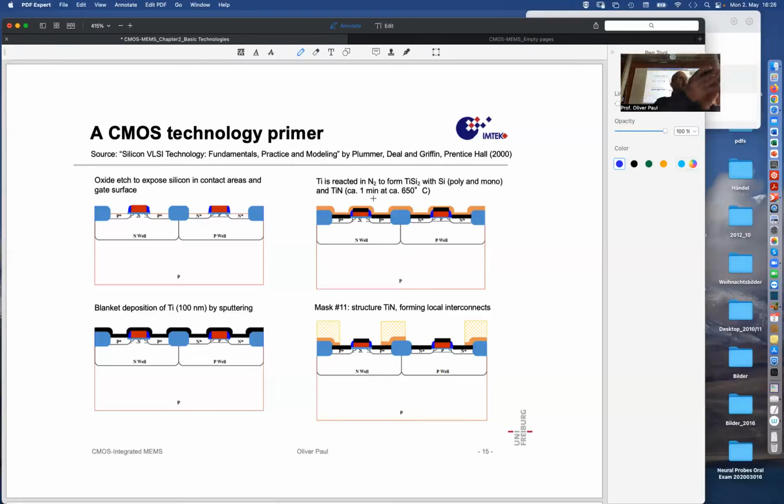You could take a wafer in a furnace and heat it up in a few seconds to 650 degrees and then cool it down again, but it takes much longer. So this is done by heavy irradiation with some heavy hot lamps. It's called a flash anneal, for instance, or rapid thermal anneal. And this rapid thermal anneal does two things.